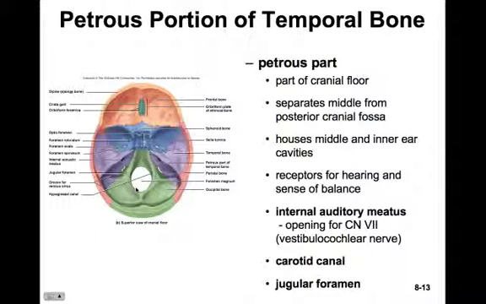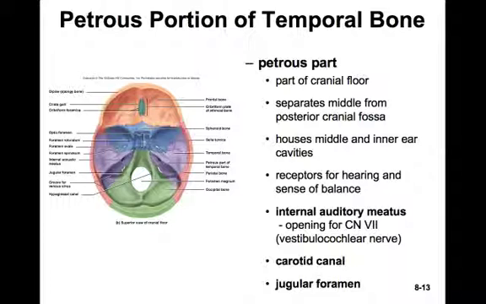So let's take a look from a different perspective. We're still in purple, looking at the temporal bone. Inside, we'll see the petrous part. The petrous part of the temporal bone is this ridge right here on the inside. It separates the middle from the posterior cranial fossa, and it houses the middle and inner ear cavities.